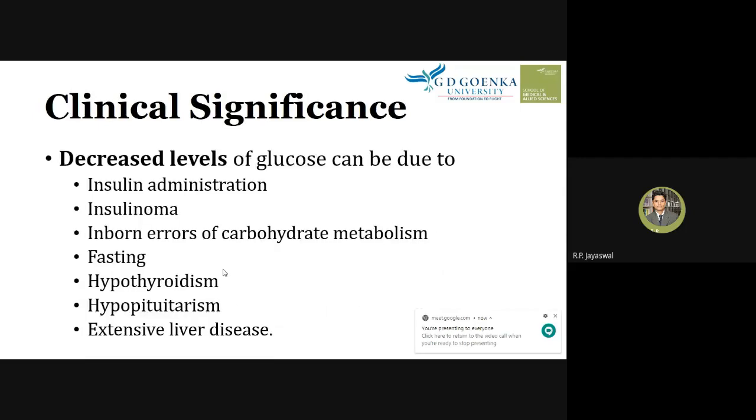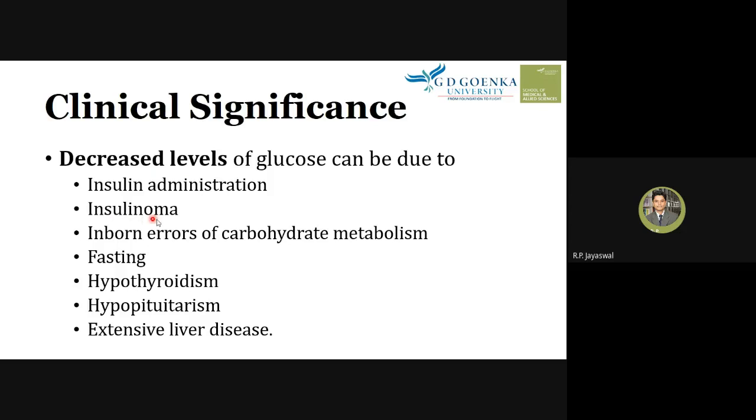So now let's know another clinical significance of glucose test, where the glucose level in the blood may be decreased. A decreased level of glucose can be due to insulin administration. Some patients might be taking insulin. So an excess dose of insulin may decrease the glucose level in the blood.